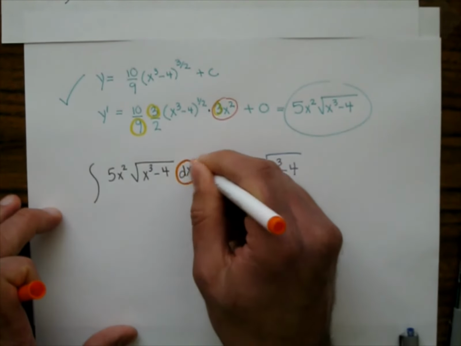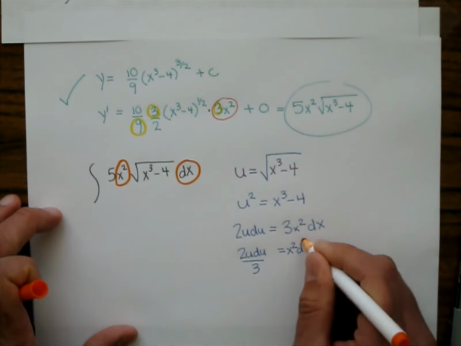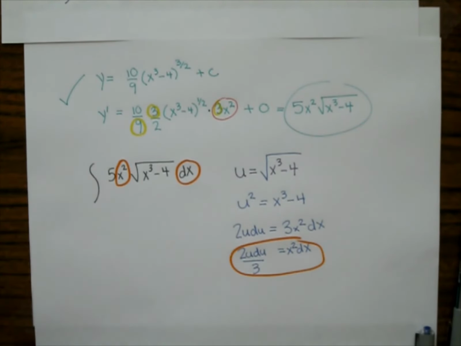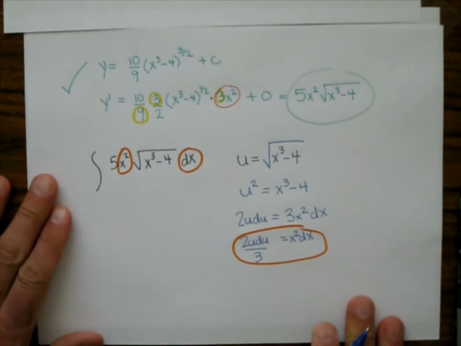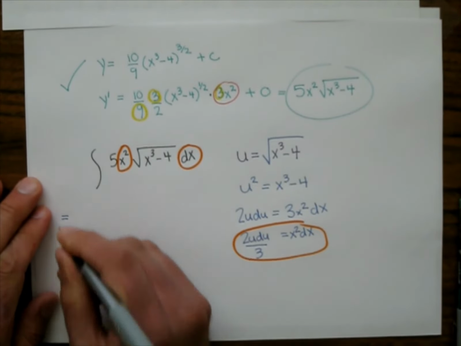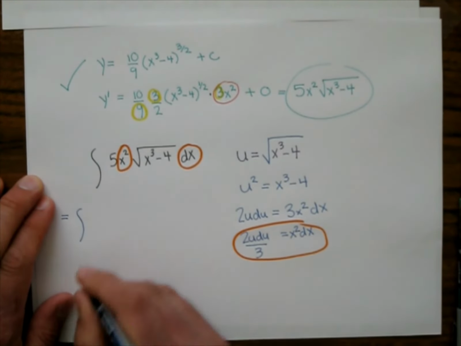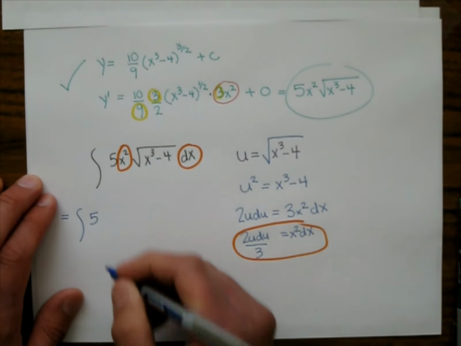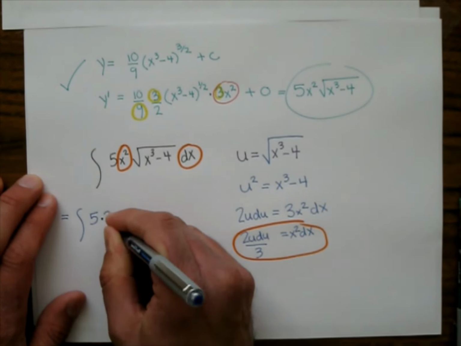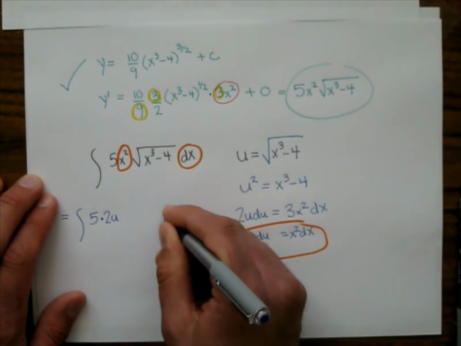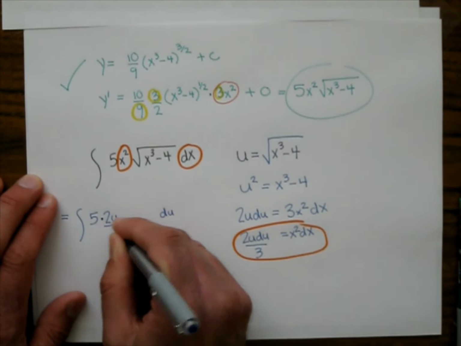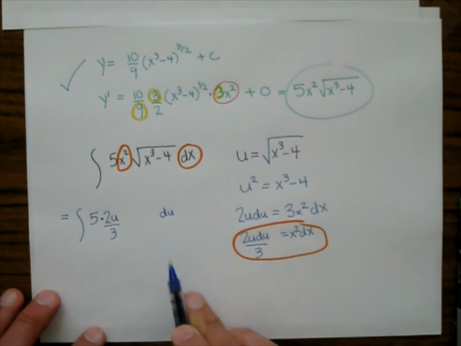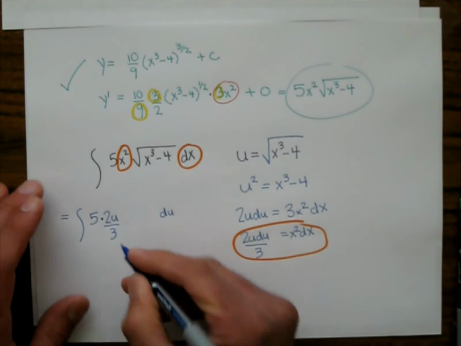So here's the x squared dx. So I'm doing it this way this time. Going to replace everything. I wonder if I'll get the same answer that I got before. So this gives me integral 5. The orange part is going to become 2u du over 3. And then this part right here is just what?